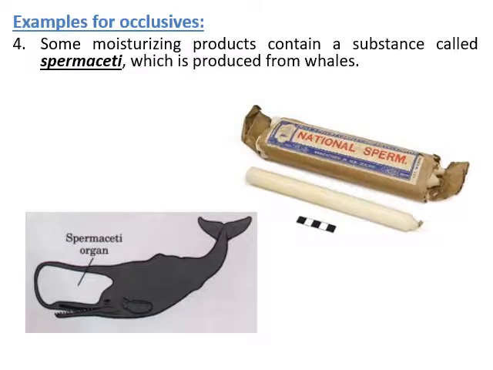The fourth example of occlusives are substances derived from whales. These substances are called spermaceti. Spermaceti is a type of occlusive derived from whales, and it's a very effective occlusive.